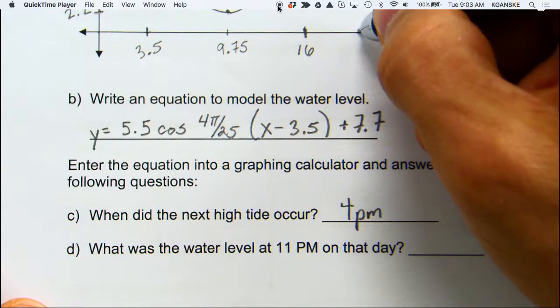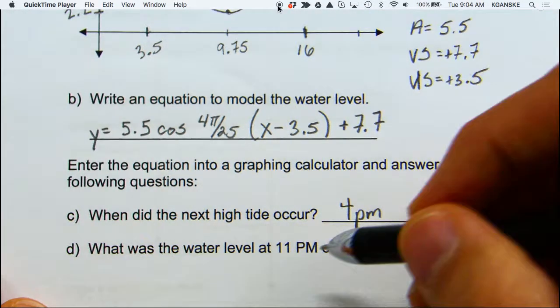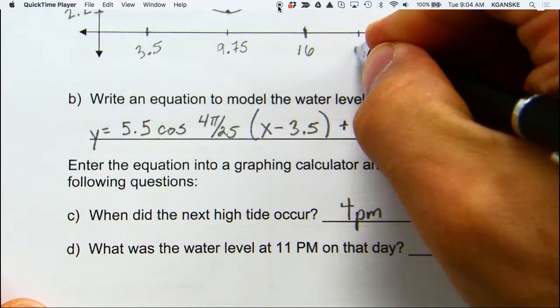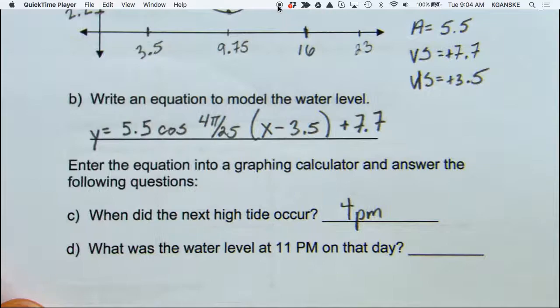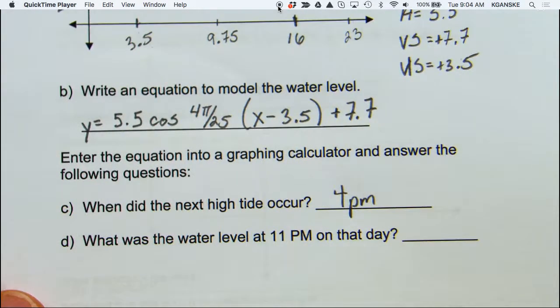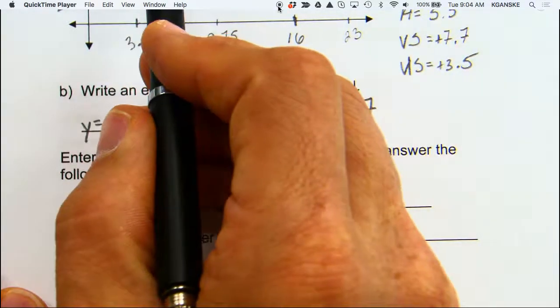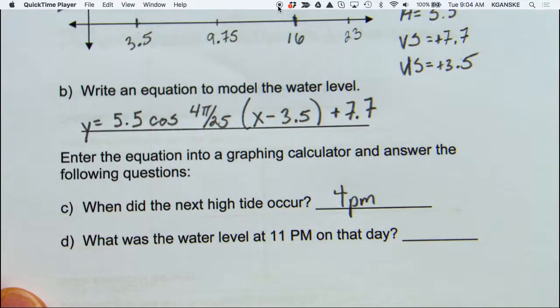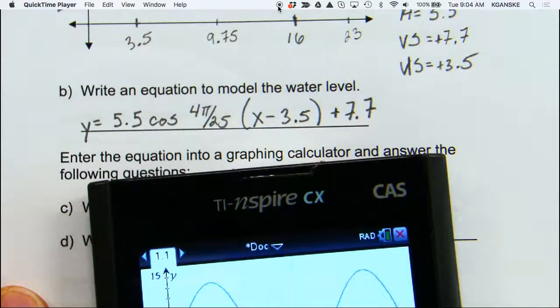So out here someplace, 11 p.m. is going to be at 23. Okay, and then they're saying 11 p.m. on that day. So we started at 3:30 a.m. Yeah, I like it. 23 sounds good.